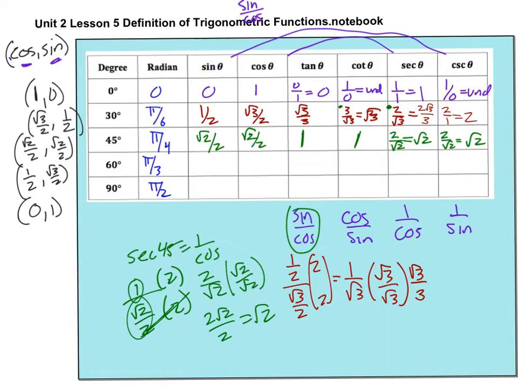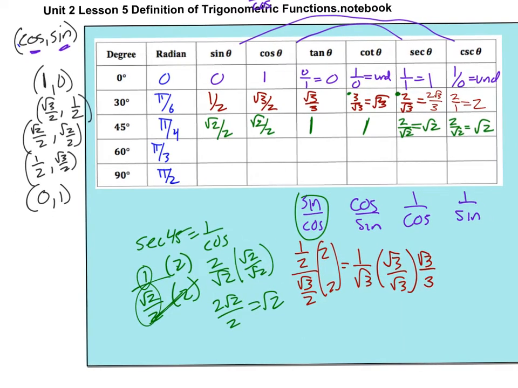60 degrees ends up looking almost like a reflection of 30 degrees, right? Which should make sense because these 2 points are reflections of these 2 points. So it should make sense that 60 degrees follows a reflection of 30 degrees.